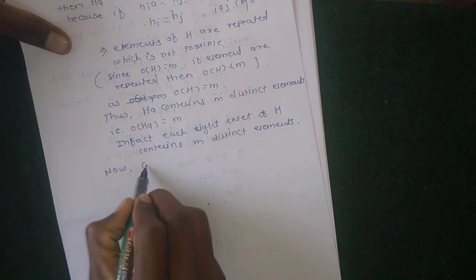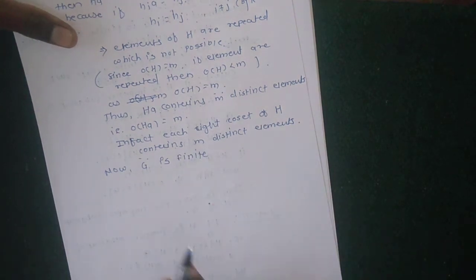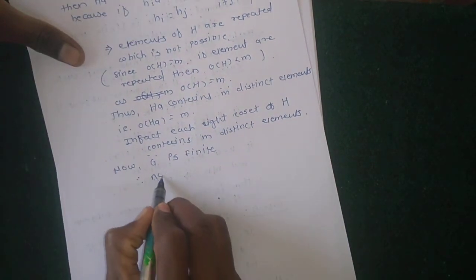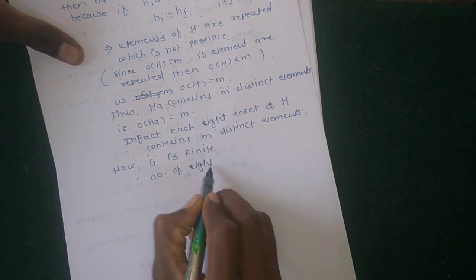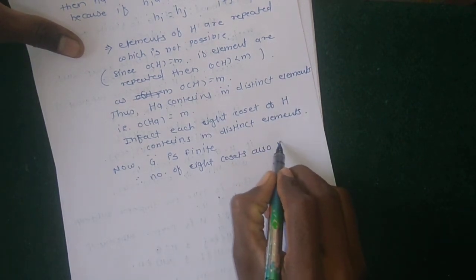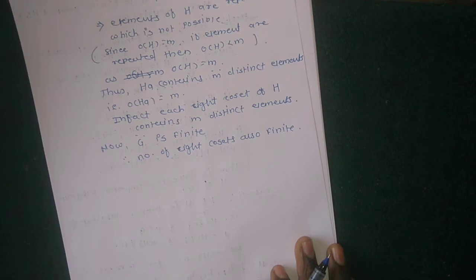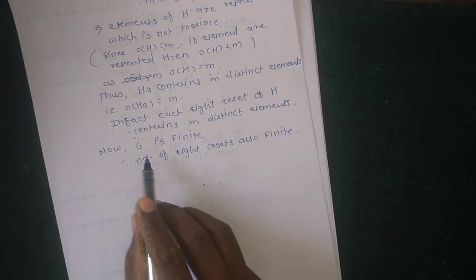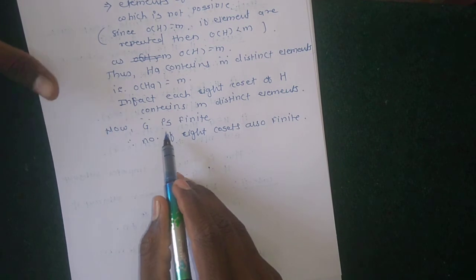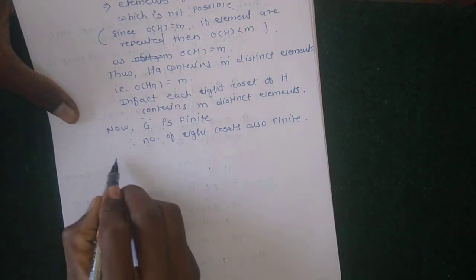Now also given that G is finite. This is given in the hypothesis. Therefore the number of right cosets is also finite, because a right coset depends on elements of G, and G contains a finite number of elements, and we choose elements from G to find right cosets.